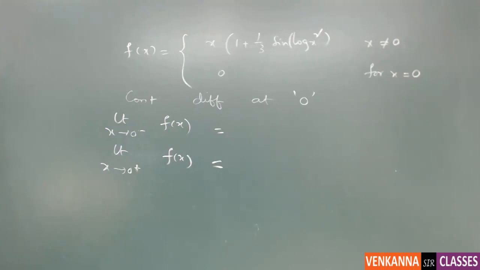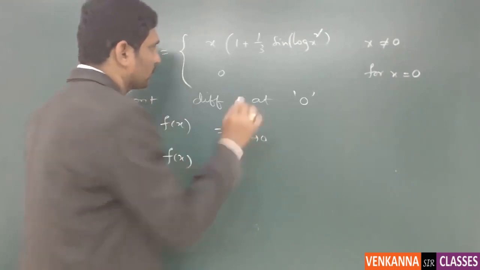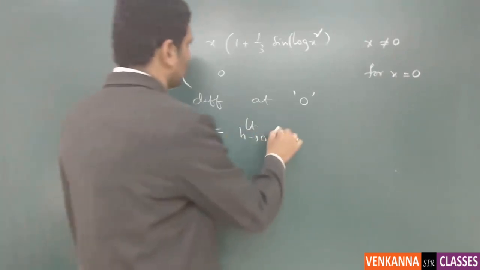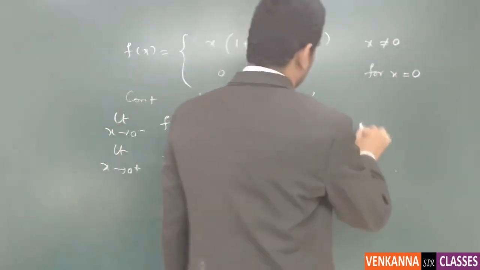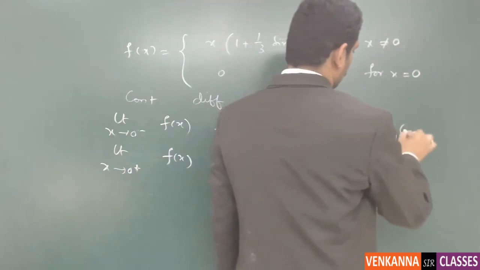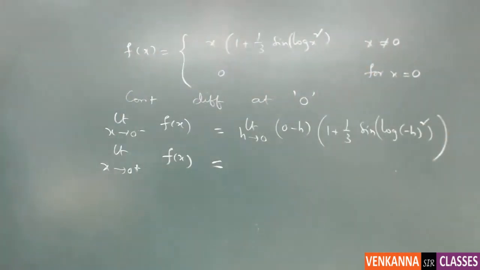So if we calculate the left limit, it will be taken as the agreed value. Fine.